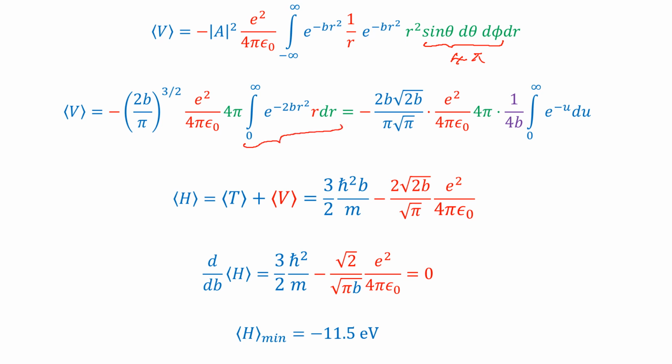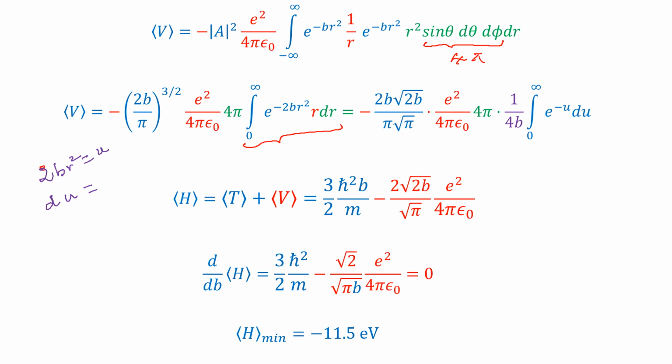What I am going to do is, you keep 2p r squared as u, because here you have 2p r squared. Then du is equal to, if you differentiate this r squared, you will get 2r.